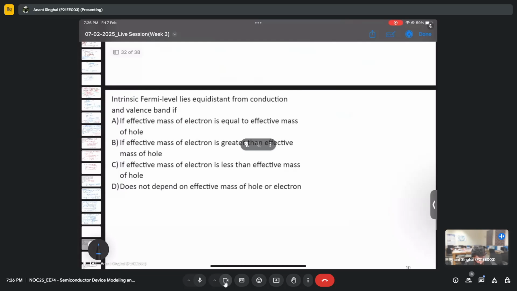So if it is clear, please let me know the answer to this. I guess the question is very easy from what I have taught.